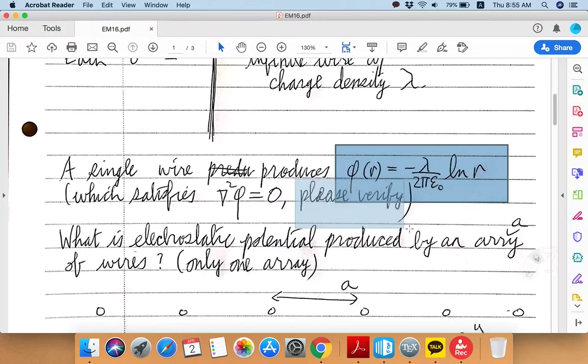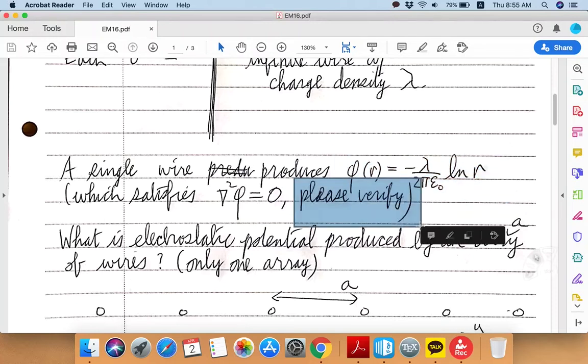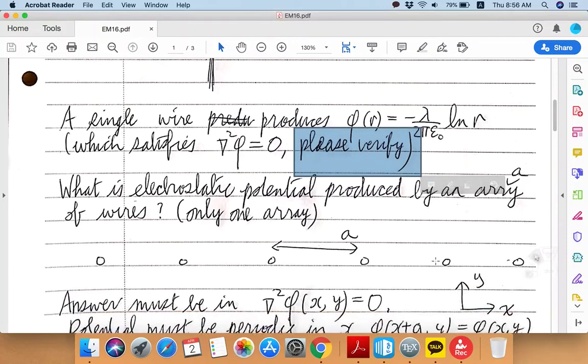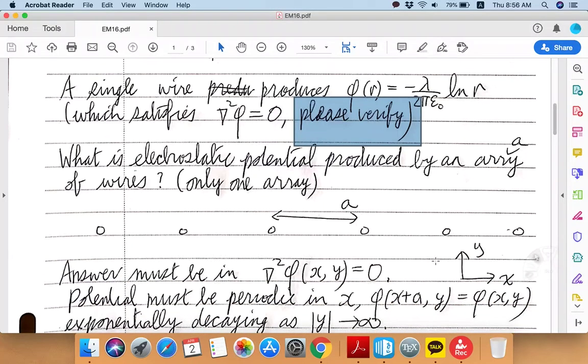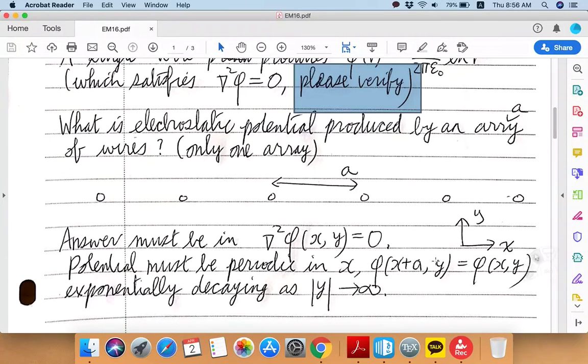And verifying this would be one of the homework exercises that accompany your summary of this lecture. Okay, so I'll be keeping an eye on that. If you don't produce a solution, then you might get a deduction. Actually, you will get a deduction. So let's keep that in mind.